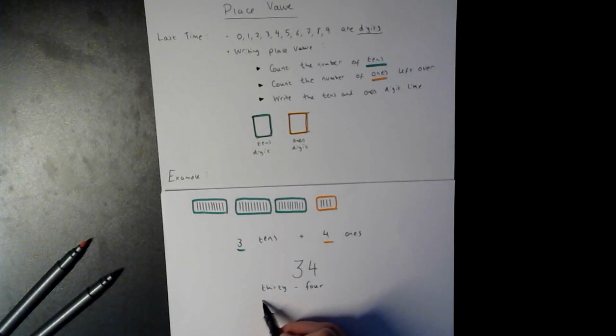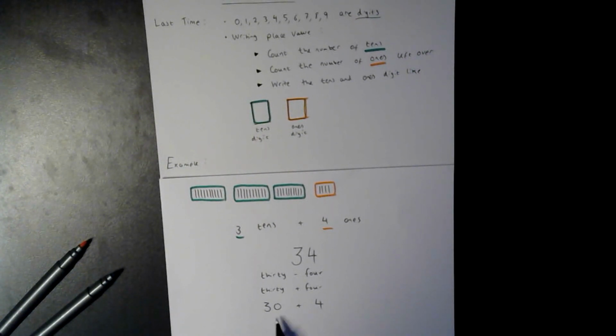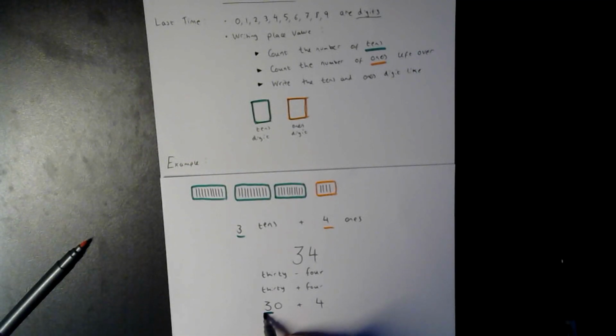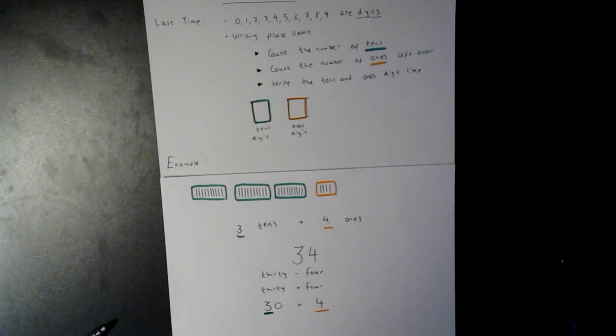So we can think of it as 30 plus 4, or 3 tens is 3 tens and 0 in the ones, plus 4. So we have a number that's 30 plus 4. And you see, it's just the 3 here, which is the tens digit, and the 4 here, which is the ones digit.